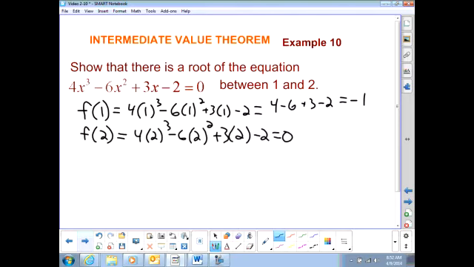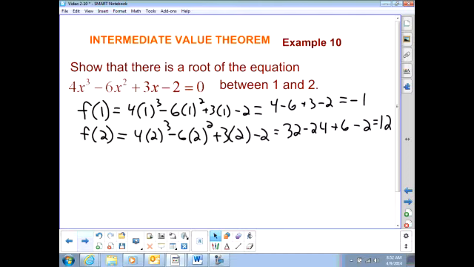Well, 2 cubed is 8. 8 times 4 is 32. 2 squared is 4. 4 times negative 6 is negative 24. 3 times 2 is 6. And we'll have a minus 2. So this is really positive 38 minus 26. So that'll give us a positive 12.